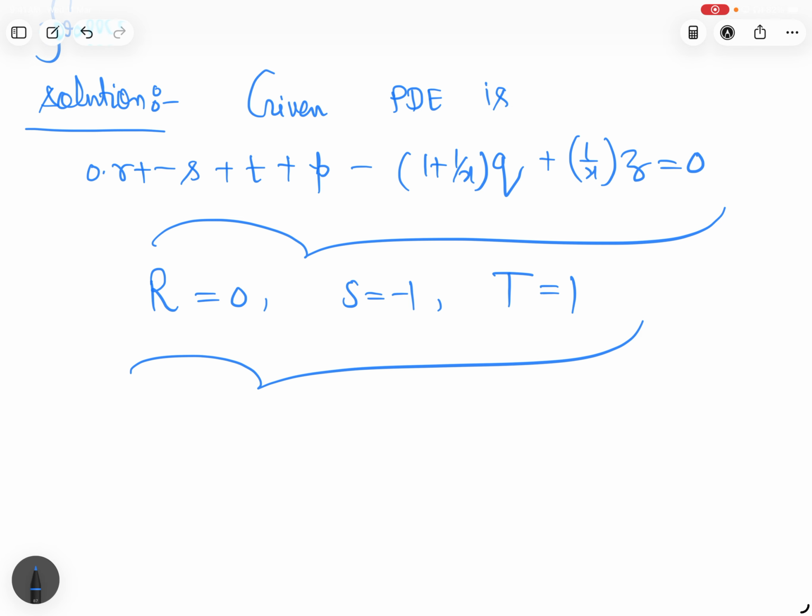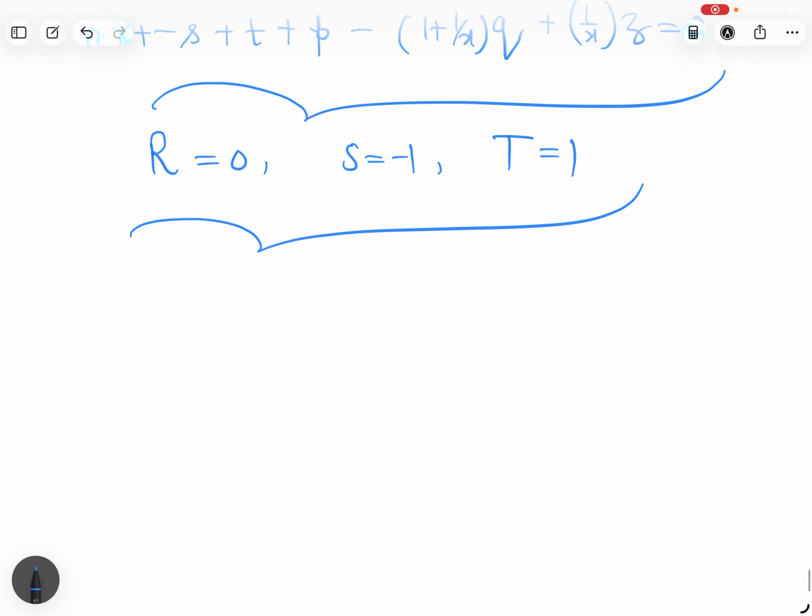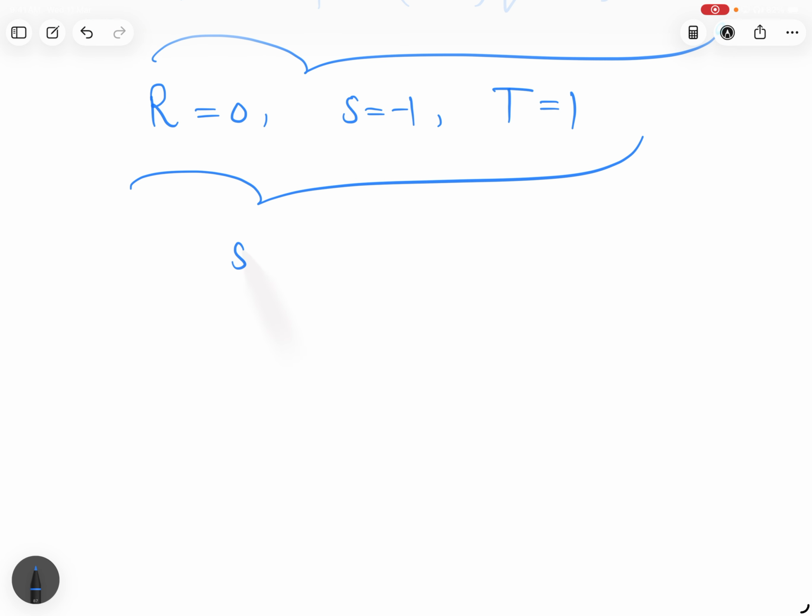I required these three things to check whether this is hyperbolic or whatever it is. So S square minus 4RT. What is this? Minus 1 whole square minus 4 into 0 into 1. So this is 1 minus 0, so this is 1.